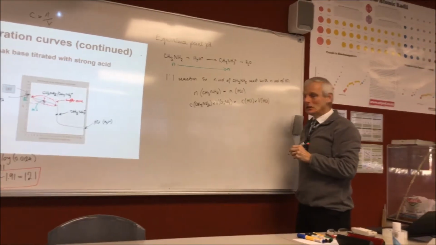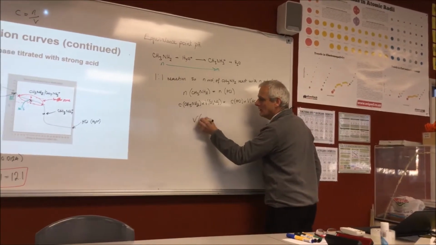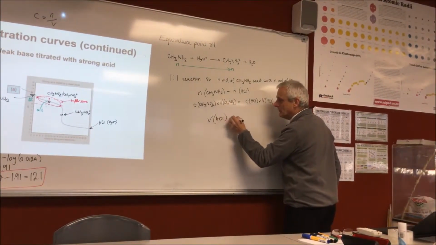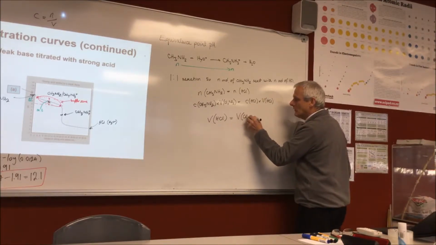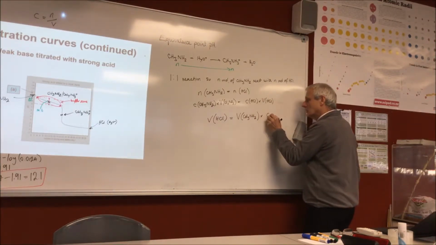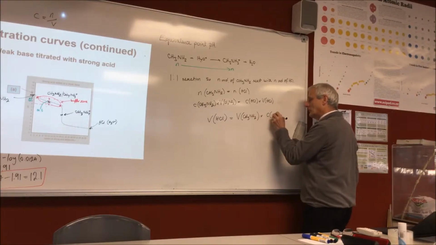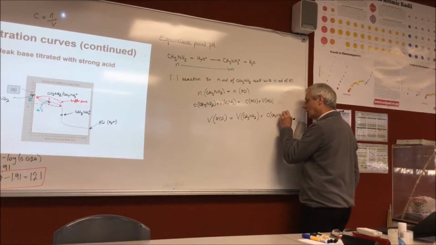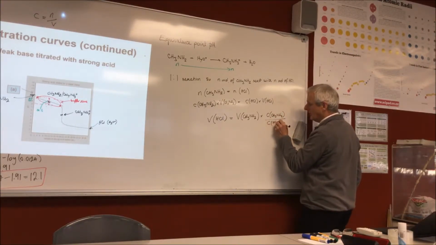Okay? So this needs to be the subject of our equation, and we'll get it right this time. Sorry, Trevor. Okay, so it's the volume of the base we started with, times the concentration ratio. So it's V of this times C of this divided by the concentration of HCl.